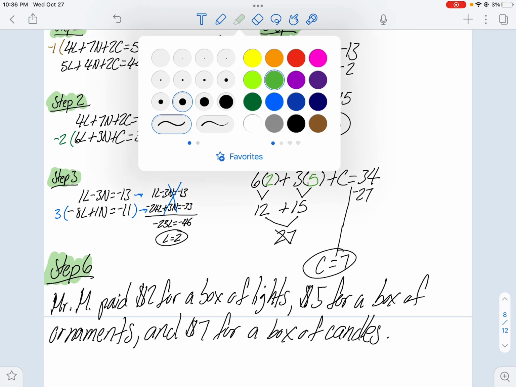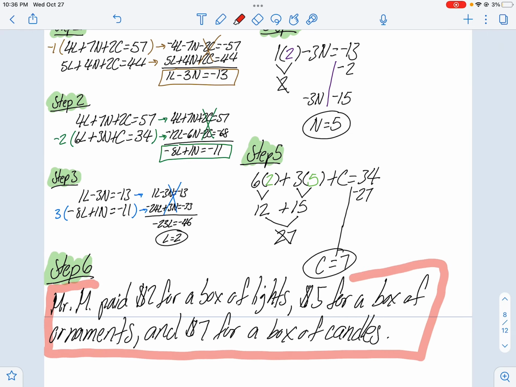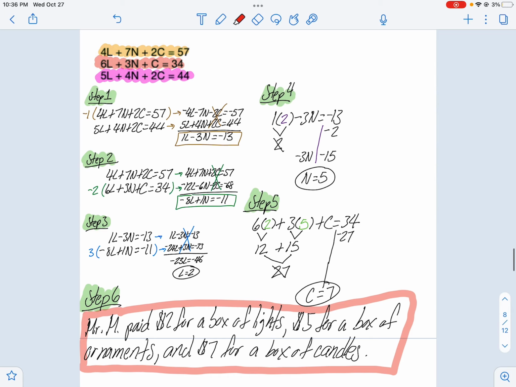Forgot to spell candles for a second there. And this, kiddos, is our final solution right there. Just like that. It's got to be in a statement.